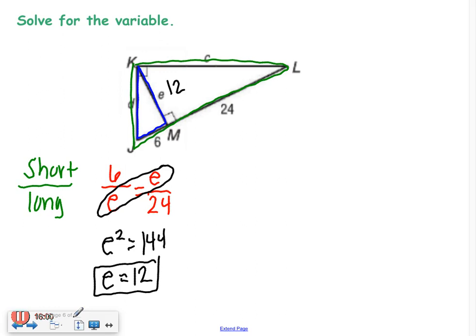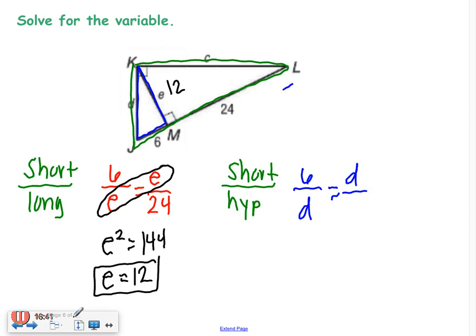Okay? So we're going to write short over hypotenuse. Okay, what is my short on the blue triangle? 6, right? And we just said our hypotenuse is D is equal to, now what is our short on the green triangle? D. Perfect. And our hypotenuse is? 30.